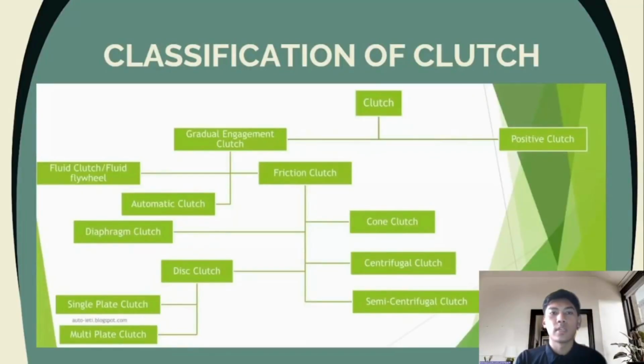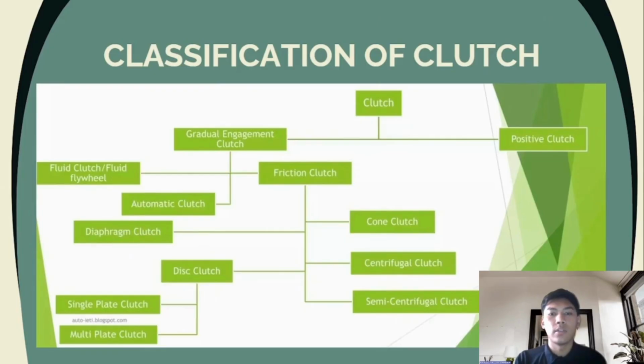Okay, next we go to classification of clutch. Clutch is divided into two, which is positive clutch and gradual engagement clutch. Gradual engagement clutch is divided into three parts, which is fluid clutch or fluid flywheel, second is automatic clutch, and third is friction clutch.